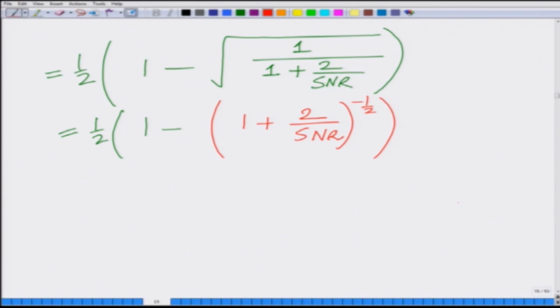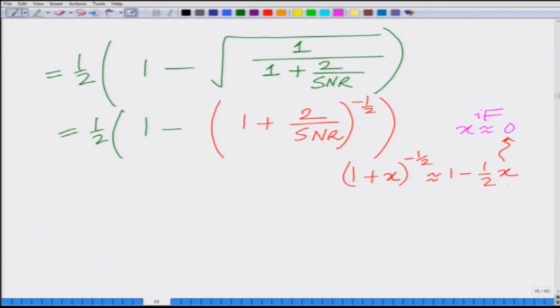And we can see that at high SNR we have this approximation: (1 plus x) raised to the power of minus half is approximately equal to 1 minus half x, when x is very small or approximately close to 0.